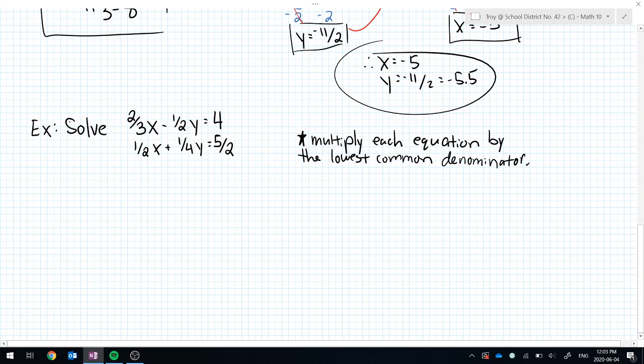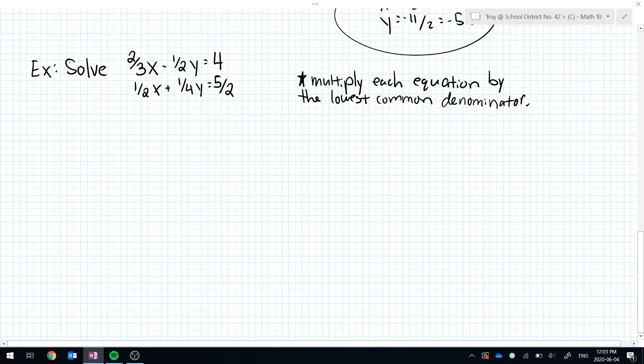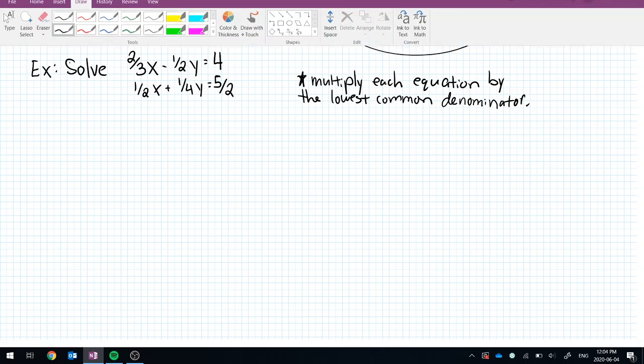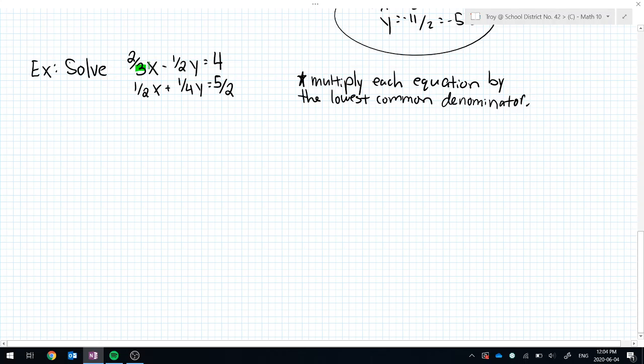And when we do that, it'll actually end up getting rid of the fractions. Okay, so if we take a look at the first equation here, we have a 3, we have a 2, and this is a whole number, so we don't have to worry about that one. So we have a 3 and a 2 for the two denominators. Of course, the lowest common denominator between those two is going to be 6.